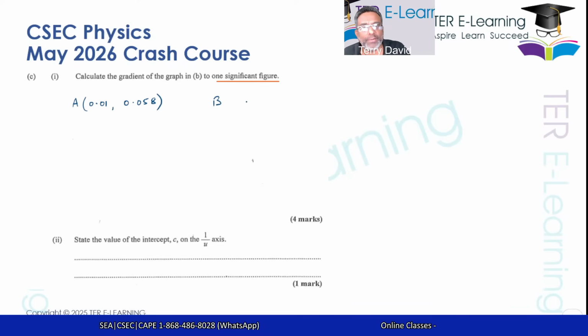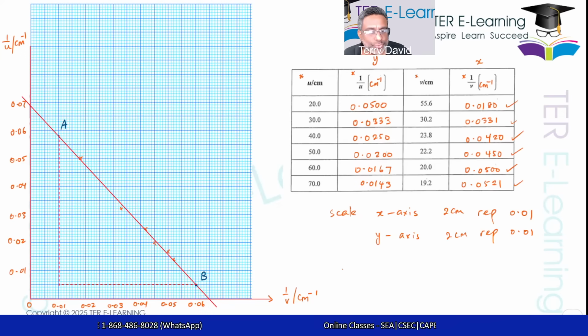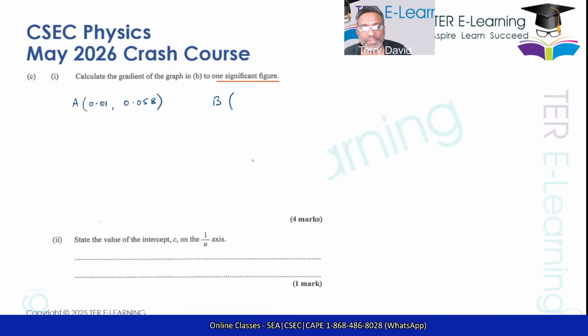And my B corresponds to 0.06 against 0.005. Okay, so I have the points here in order to work out my slope. Can you all work out the slope for me here?